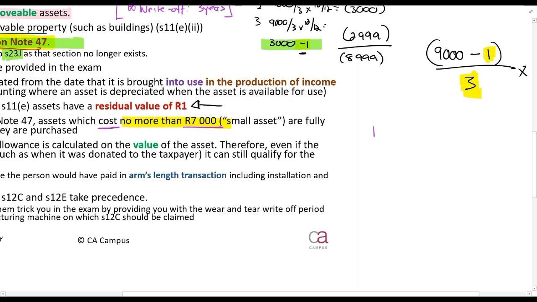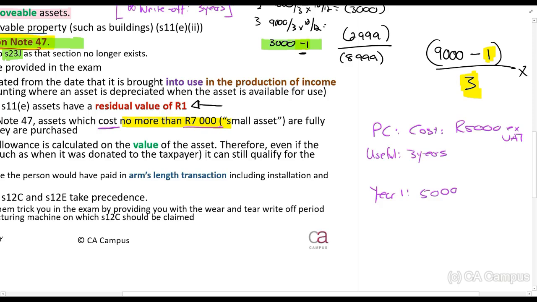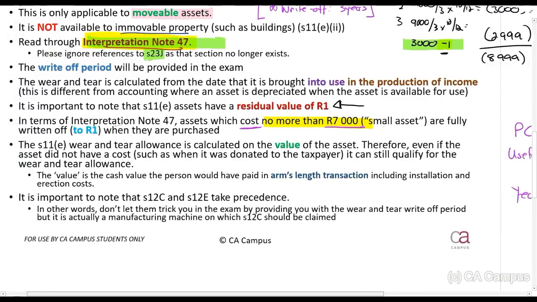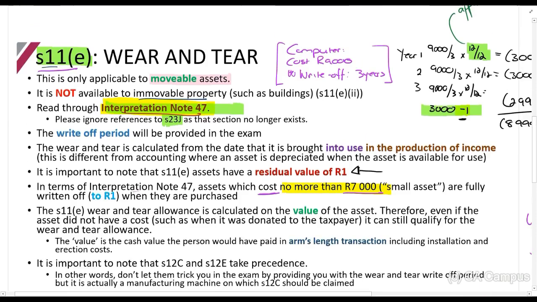So, let's say you buy a computer that has a cost of 5,000 rands, and that's now excluding VAT, so you could claim the VAT, and the useful life from SARS's perspective is 3 years. In this case, in year 1, when you use it the first time, you can claim the full amount, but minus 1 rand. So you can claim 4,999. Right, guys? Very important there.